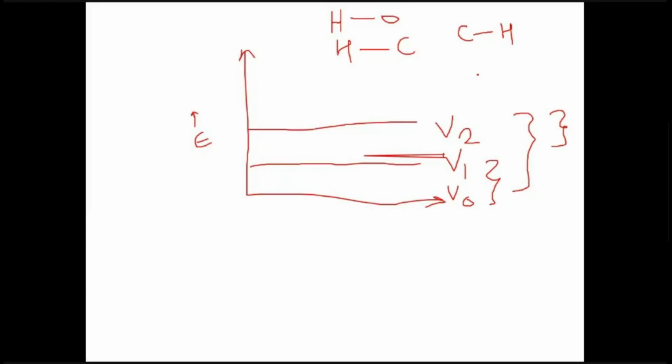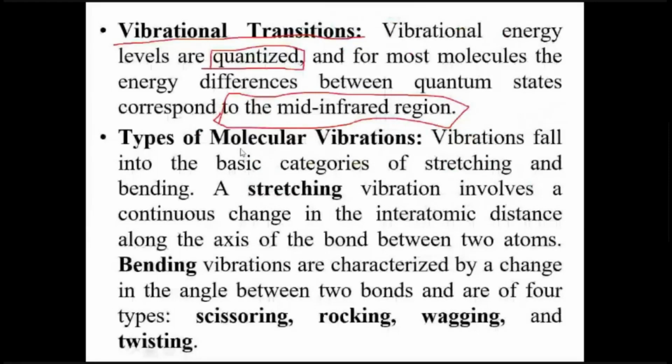I will escape this white screen. So, if you have understood that much, I will read out the part which is written here. It will be more relevant to you right after I read it now. Vibrational energy levels are quantized. That means the energy difference between them is fixed, discrete.